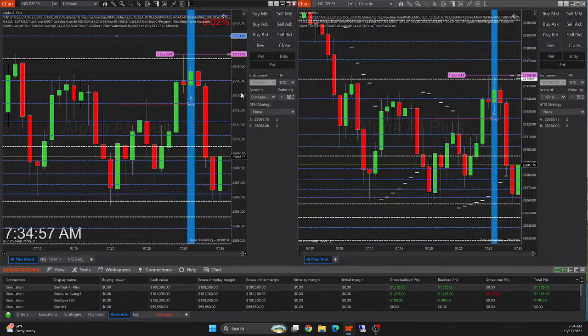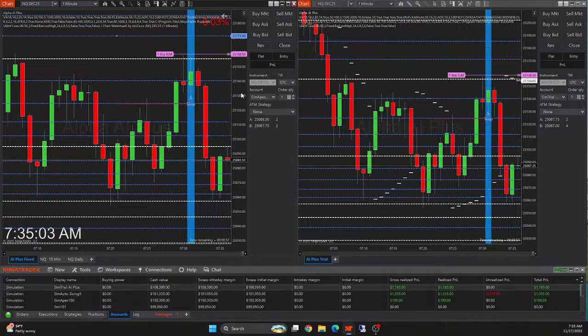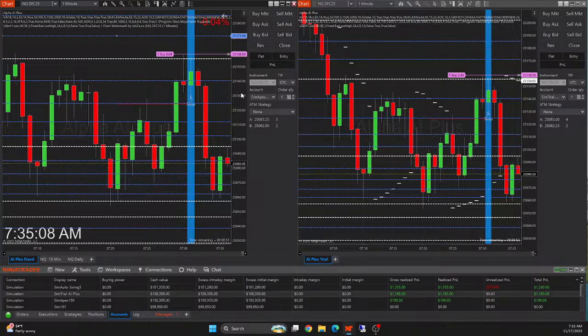Market is pushing up now. This is the last bar. If there is no touch, which I don't think it's gonna touch that entry by any chance. No way.